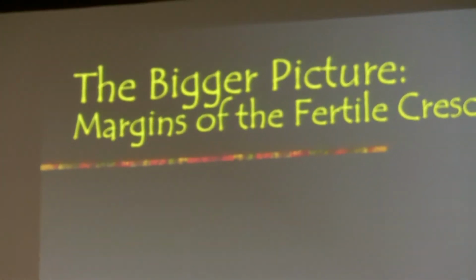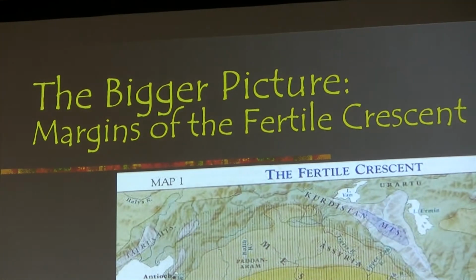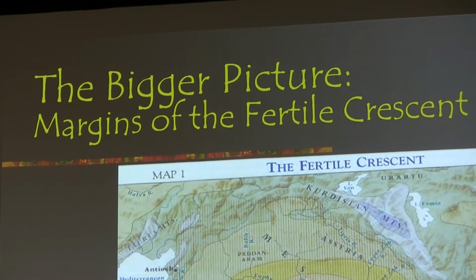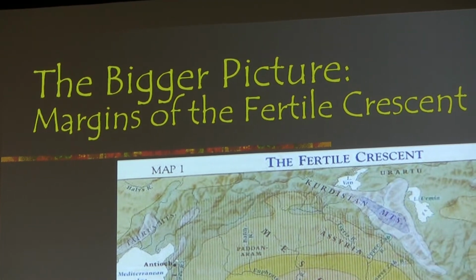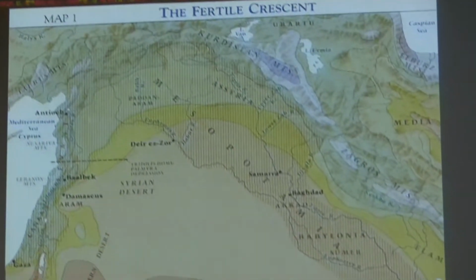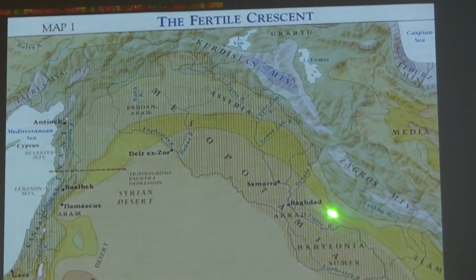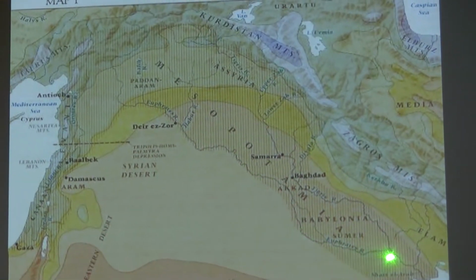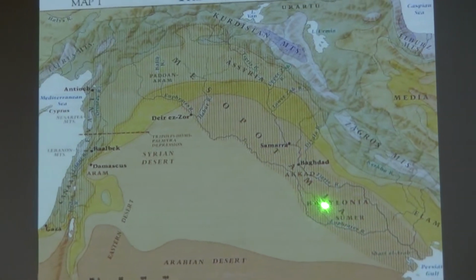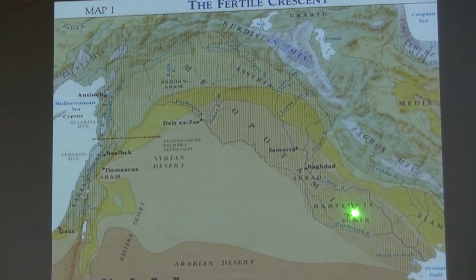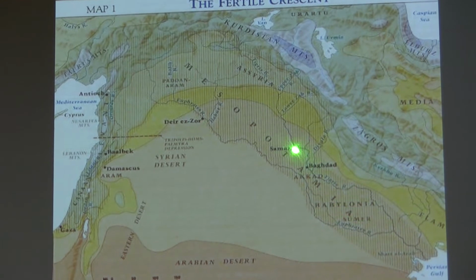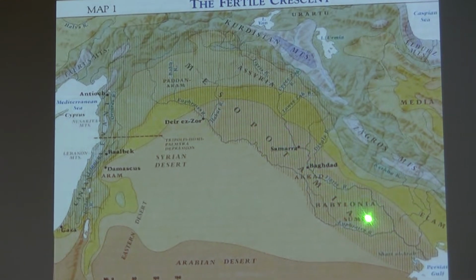Well, let's continue on and expand this rainfall and Fertile Crescent idea just a little bit more. I said when I looked at that introductory map and we were talking about Syria as a buffer zone, I suggested that for people to travel from the Fertile Crescent area, whether it happened to be Babylonia or any other particular group here, they would follow the rivers just to keep the water sources there.